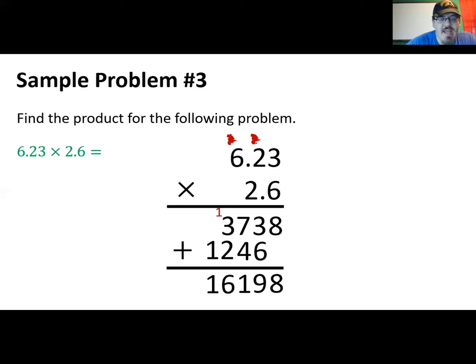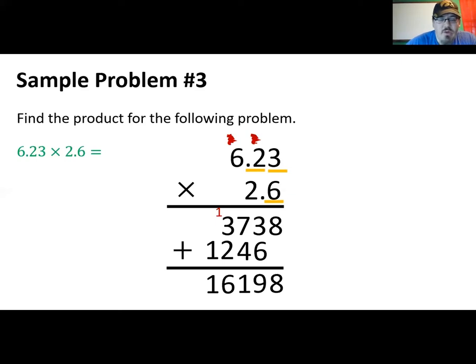We've got our digits. Now is when we worry about the decimal point. What you're going to do is count up the number of digits that are after, or to the right of, the decimal points in the original numbers that we multiplied together. So in this case, there are 1, 2, 3 digits after the decimal point.